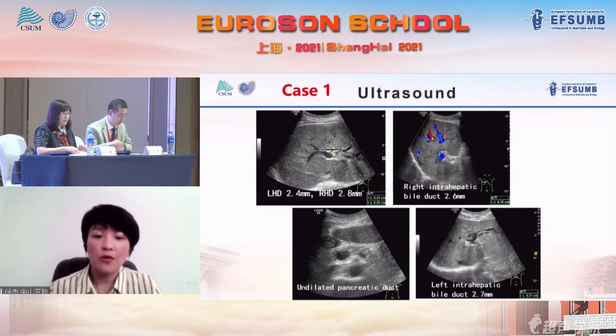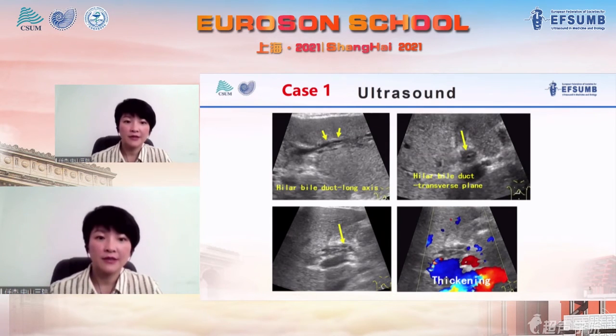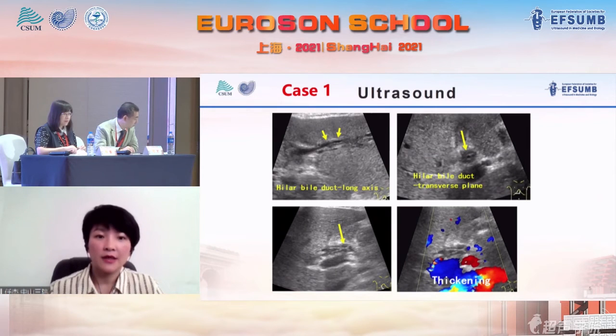The pancreatic duct was not dilated. Next. With the zooming function, we can see that the hilar bile duct wall, like this, is thickened in a symmetrical shape, resulting in luminal stenosis.